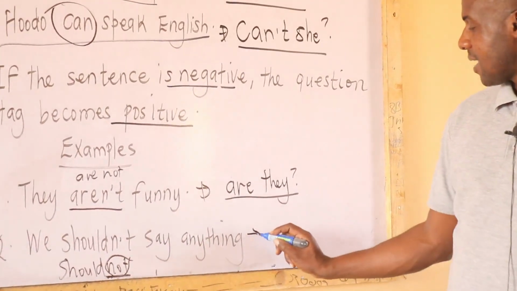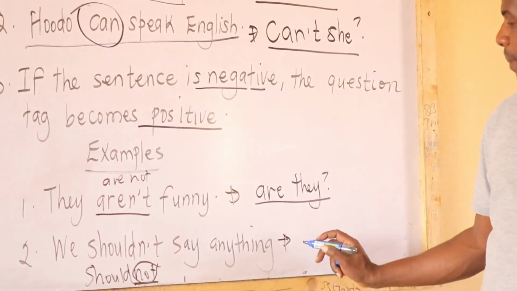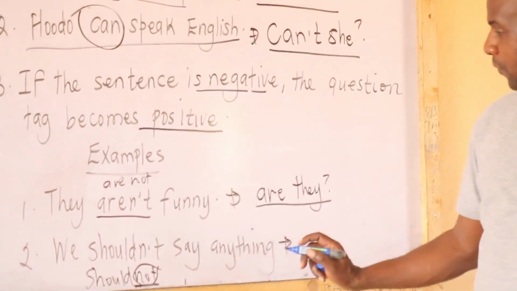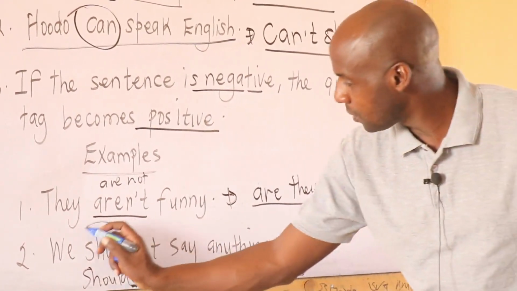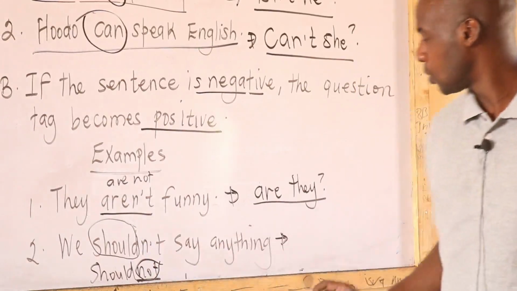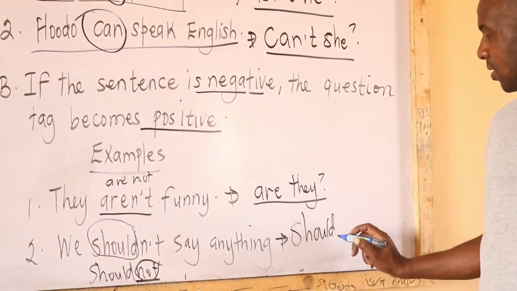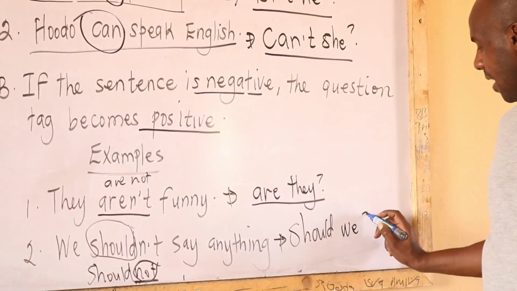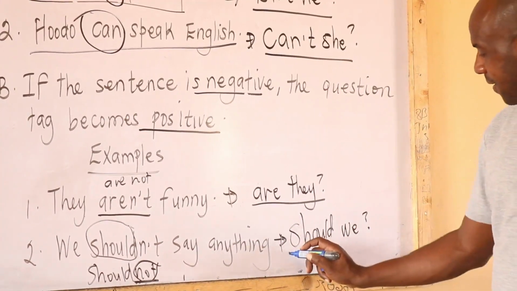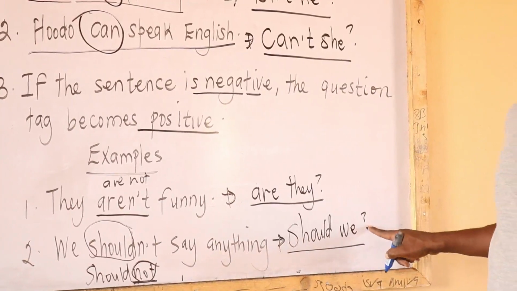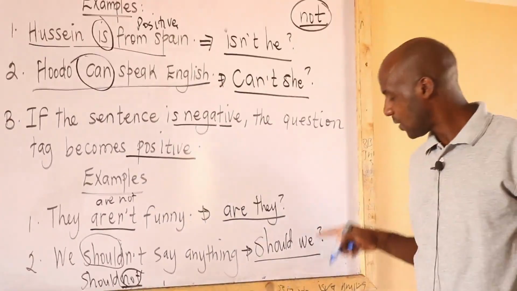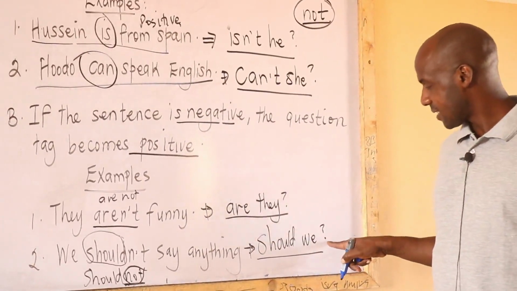So the question tag must be in positive form using the modal verb should. So we say should we? And please never forget to put a question mark at the end of the question tag.